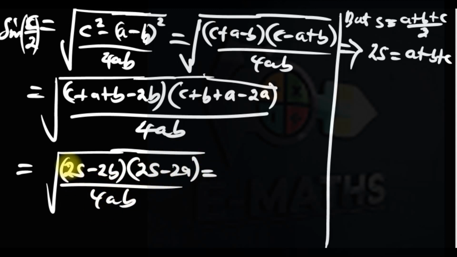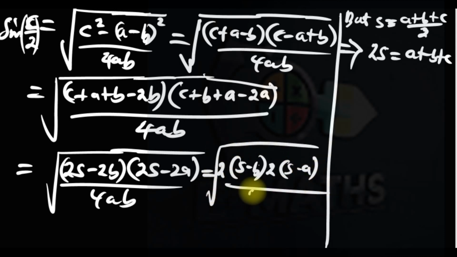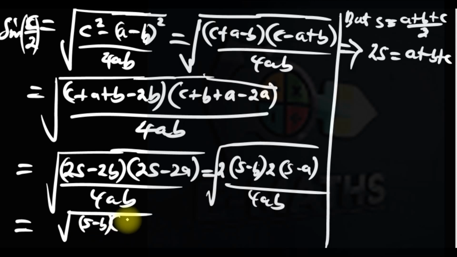If you notice, 2 is common, so I can factor 2 to be x minus b, factor 2 here to be x minus a, over 4ab. Which is 2 times 2, 4. 4 cancels 4, so we have square root of x minus b times x minus a over ab.